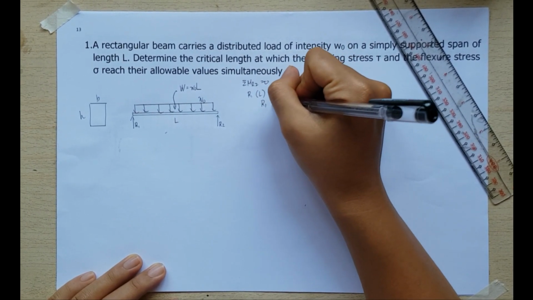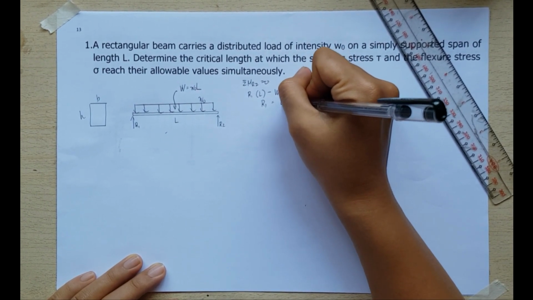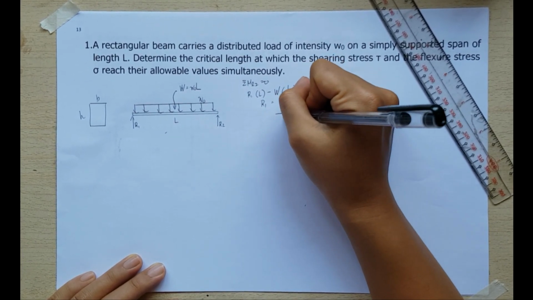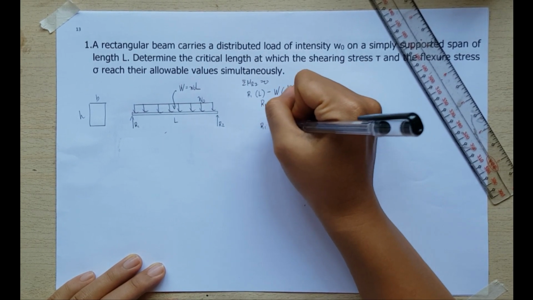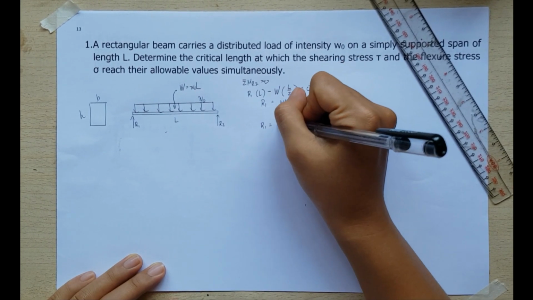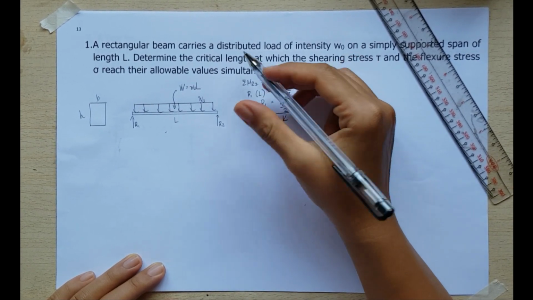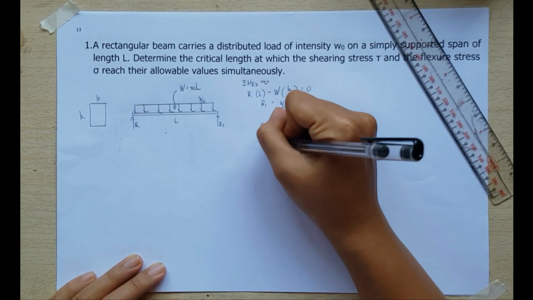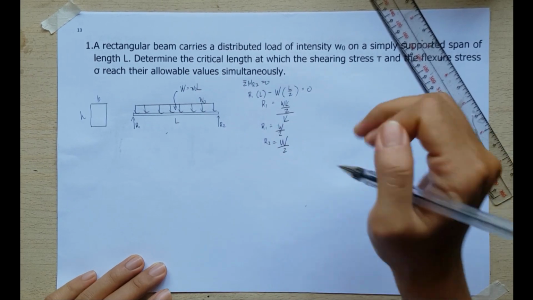Therefore, reaction 1 is equal to, so we just transpose, W L all over 2 divided by L. So cancelling this out, R1 would be equal to capital letter W all over 2. And of course, it is equal to our reaction 2. So our reaction 2 is also equal to W all over 2.